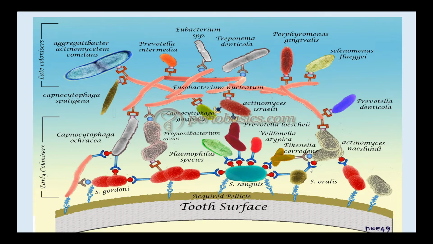Then gram-negative Veillonella, gram-negative cocci, Eikenella, maybe Prevotella. Then Fusobacterium, as a binding bacterium which binds early colonizers with late colonizers. After Fusobacteria there can be Aggregatibacter, Prevotella, spirochetes such as Borrelia and Treponema, Porphyromonas, and other species.